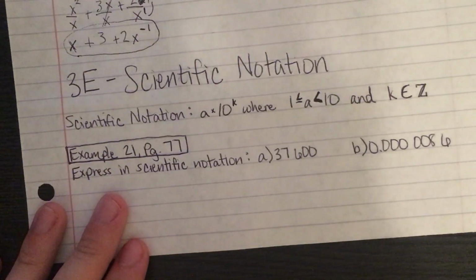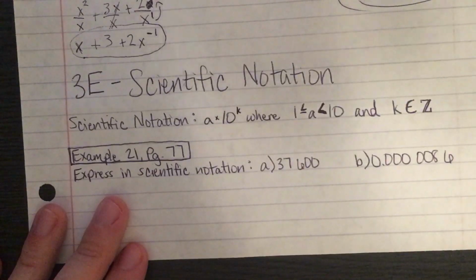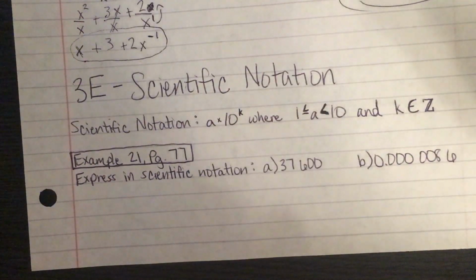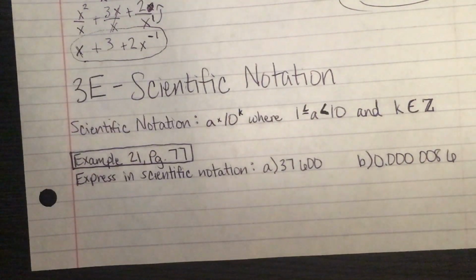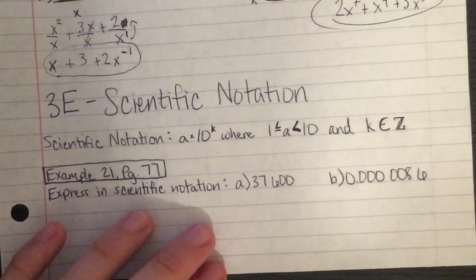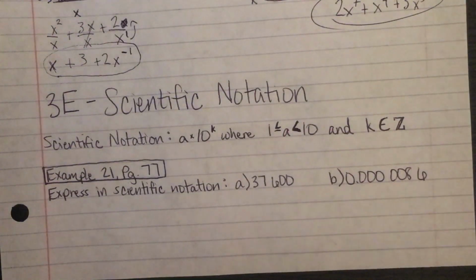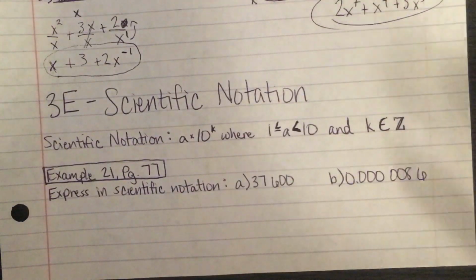Typically you use scientific notation to represent numbers that are very, very large or very, very small. It's called scientific notation because in science you can run into some very large numbers or some very short numbers. So instead of writing an entire number out, you want to write it in shorthand.